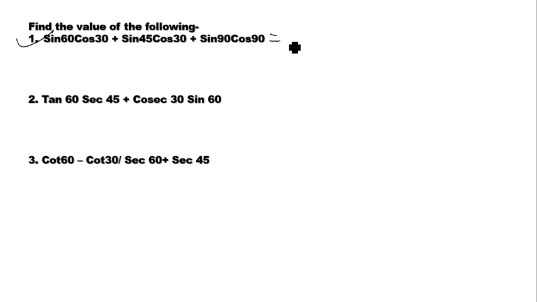As I discussed, sin 60 is root 3 upon 2, multiplied by cos 30, which is the same, root 3 upon 2. Very good. Sin 45 is 1 upon root 2. Cos 30 is root 3 upon 2. Sin 90 is 1, cos 90 is 0. Now 1 into 0, so we won't talk of this part. This part is already over for us.